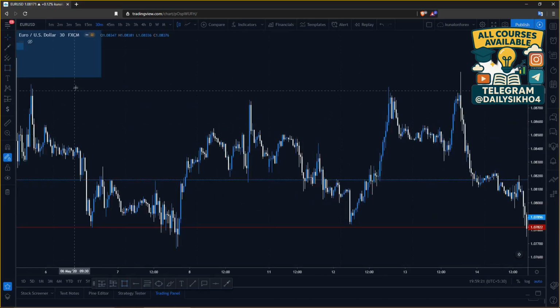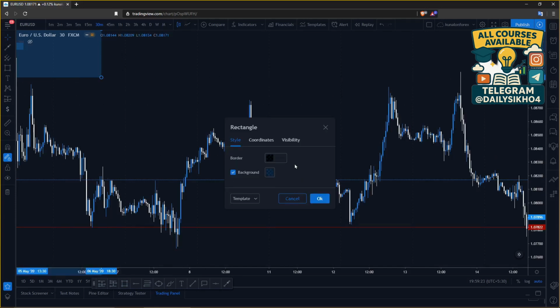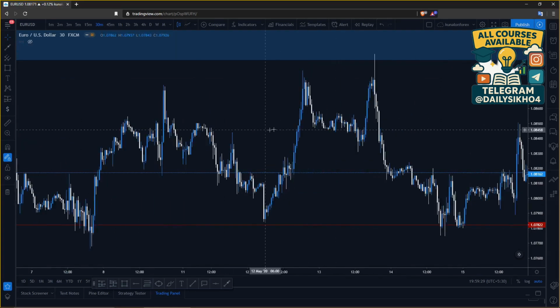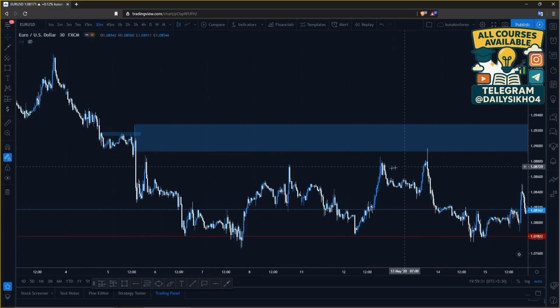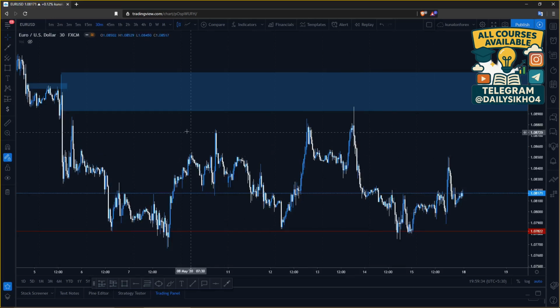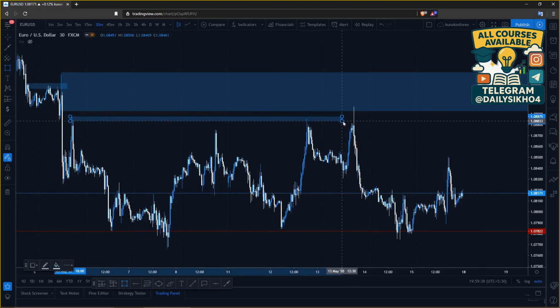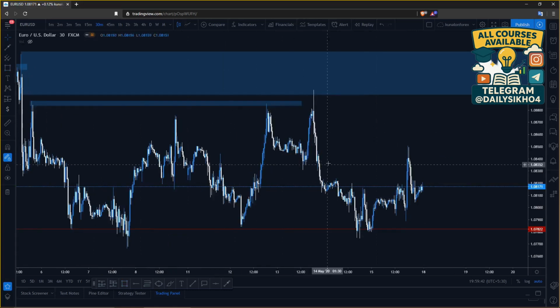If we just take this to the right side, reduce this and take it big, you see exact mitigation happened over there, and that's when we came down. We had equal highs which perfectly got taken, and that's when we came down. Everything is price engineering, we already know that.